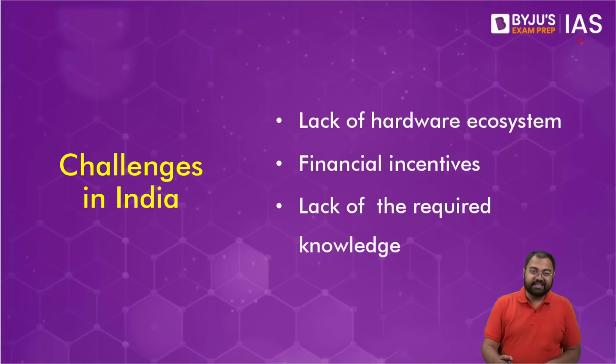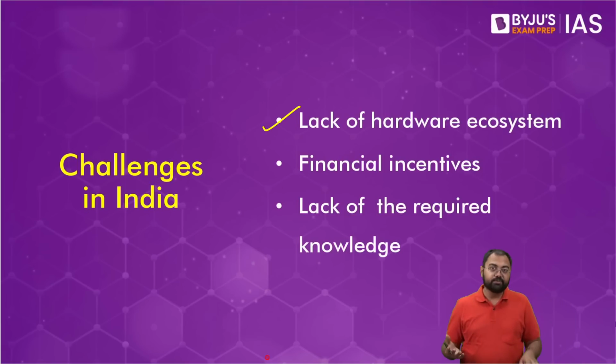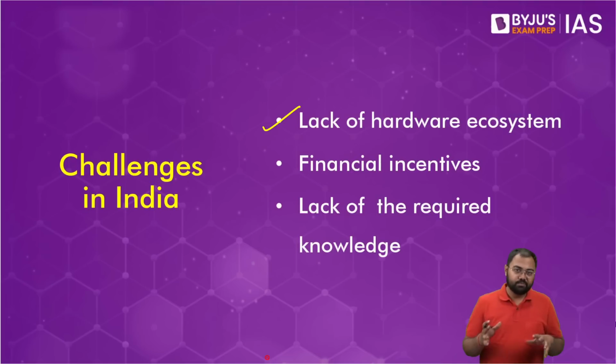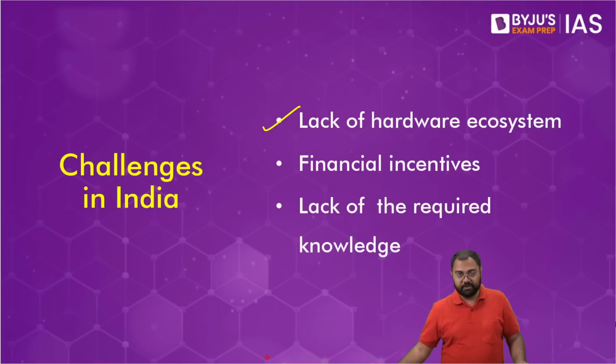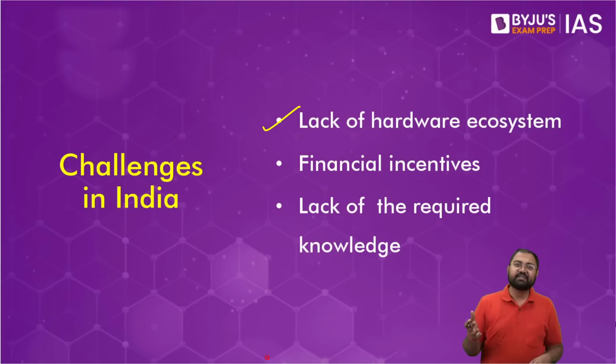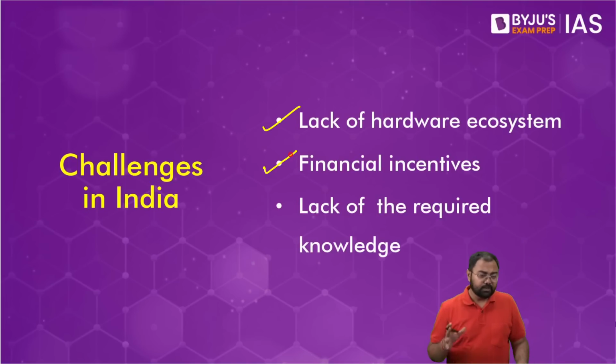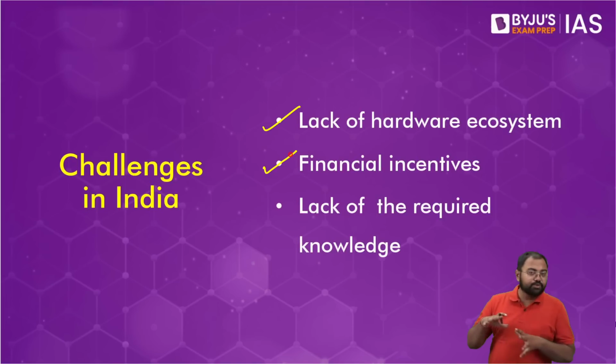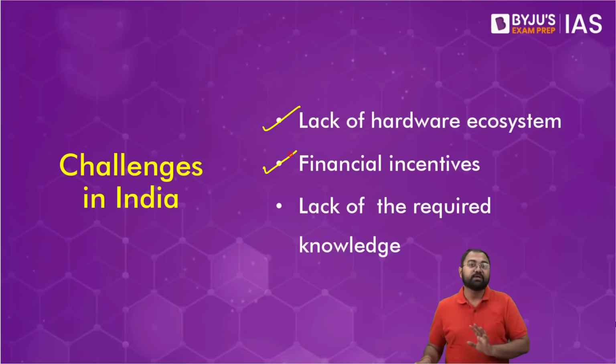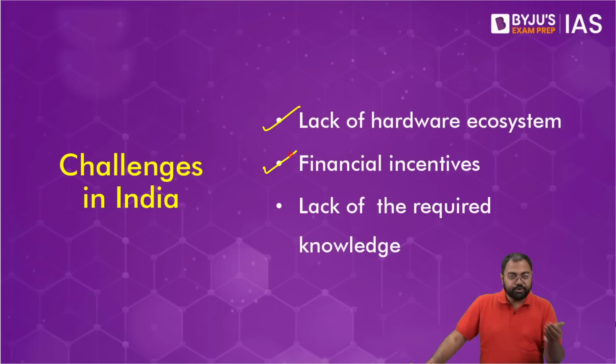Now, coming to the challenges, the problems that we see in India right now, first and foremost, lack of hardware ecosystem. The hardware that is required, the manufacturing material that you need for manufacturing robots, we see that they are mostly not there, and we have to acquire a lot of them. Then a lack of financial incentives, because we see that the governments do not want to really take up robotics, and they do not even want to provide any support to anyone who's using robotics.